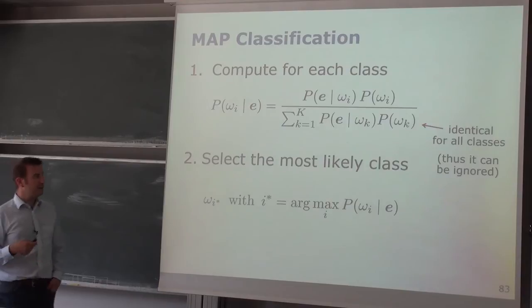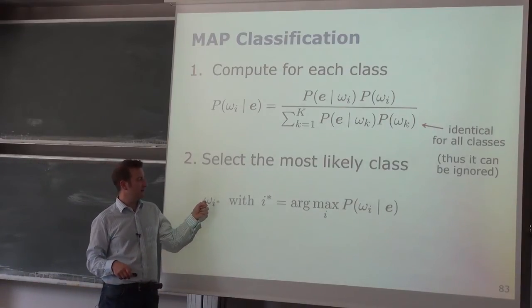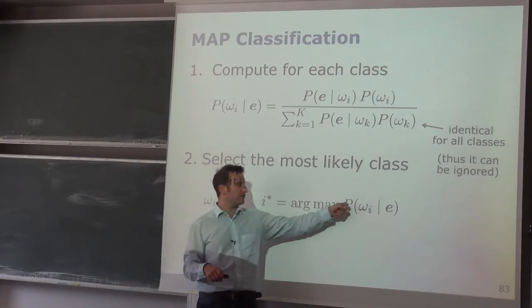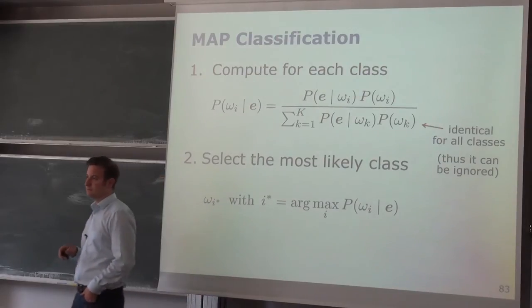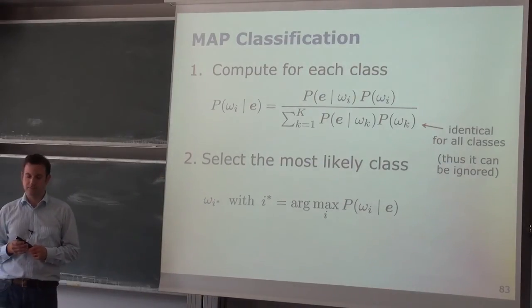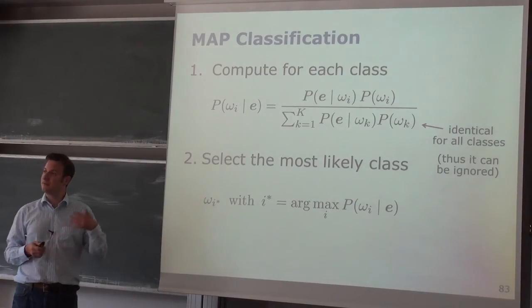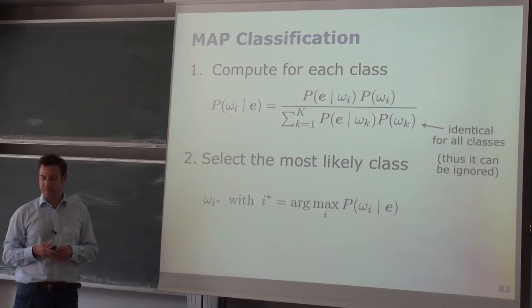And then I simply select the most likely class. So I select the class omega i star, where i star is the argmax over the different classes of this expression over here. So best class, likelihood times the prior that I want to have.